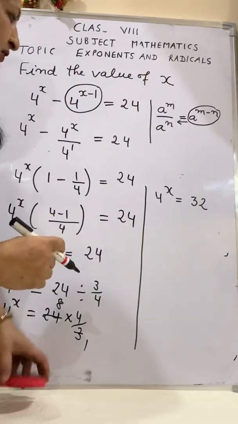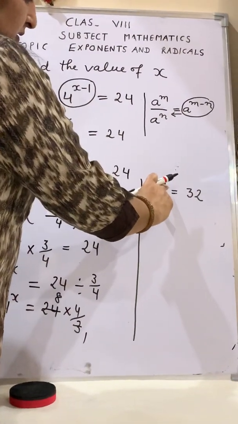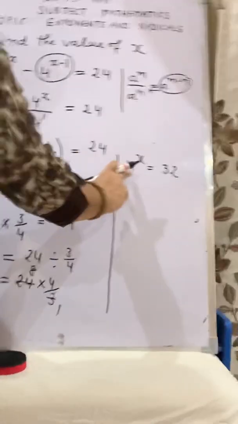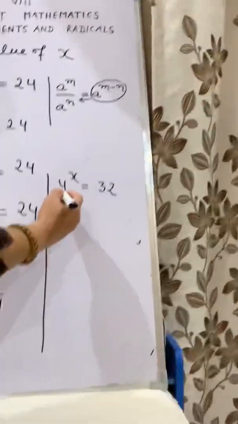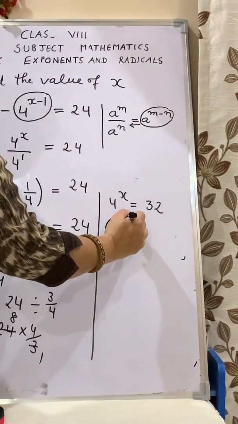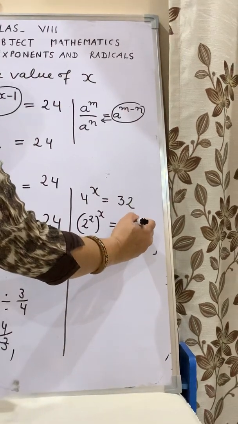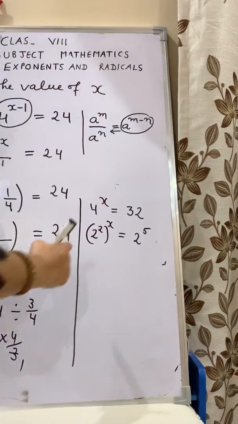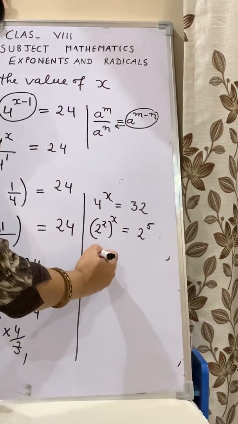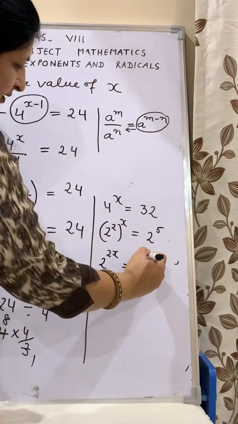Now we have to make the bases same. We write 4 is 2 raised to power 2, whole power x, and we write 32 as 2 raised to power 5. Now we will multiply these powers. 2 raised to power 2x equal to 2 raised to power 5.